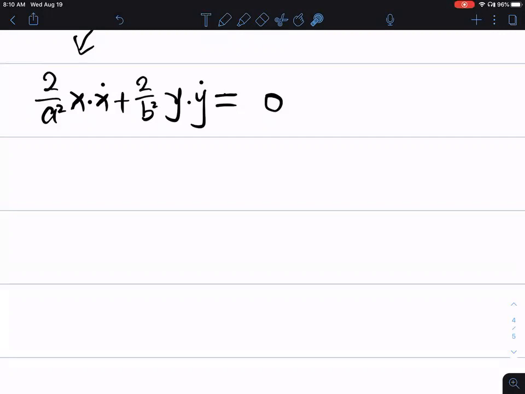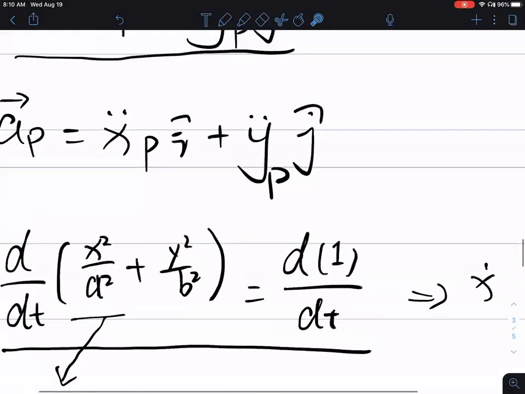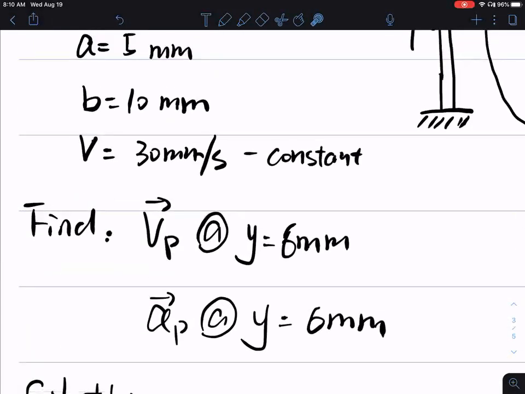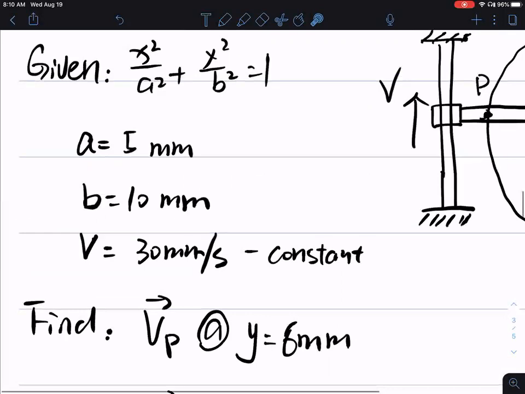Look at your givens. What are the givens for this problem? V equals 30 millimeters per second.